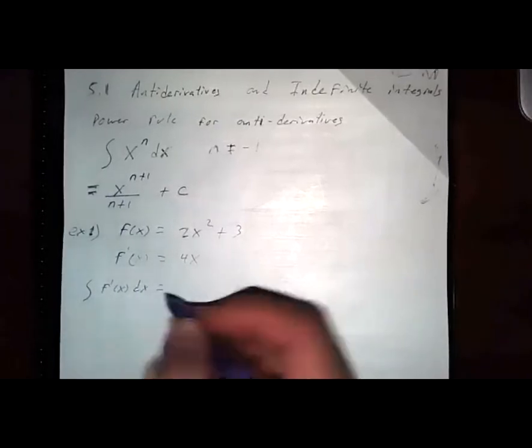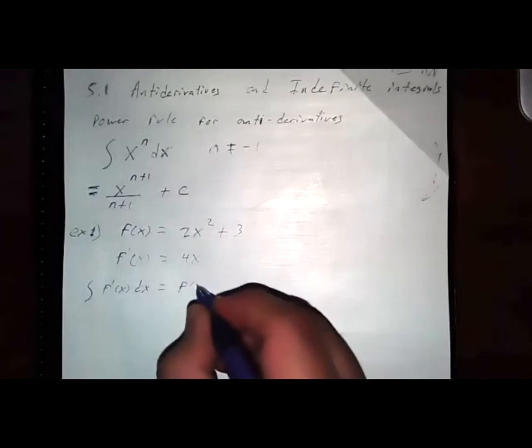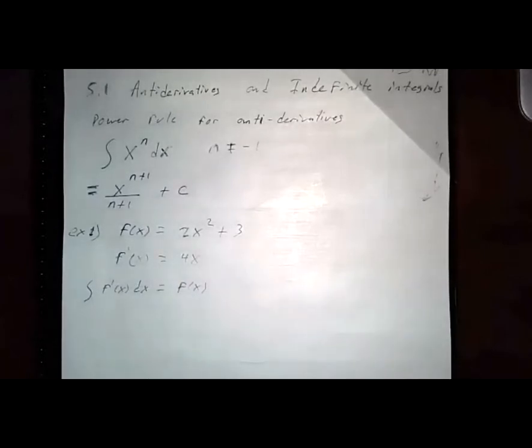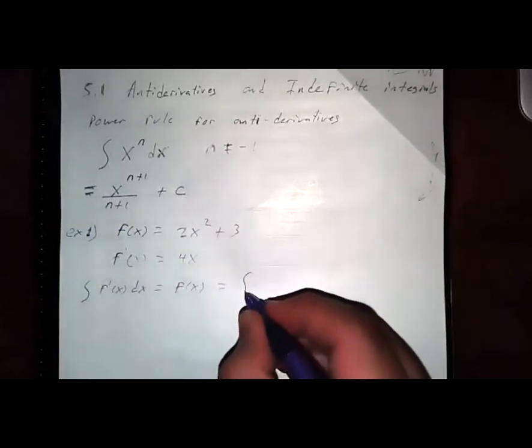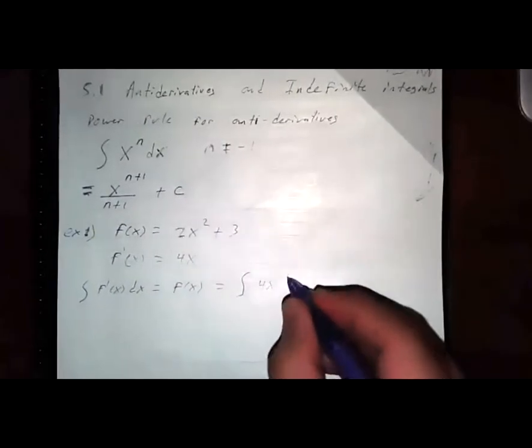Now, the idea is that if I take the integral of the derivative with respect to x, then I will get my original function f. So that would be equal to the integral of 4x dx.